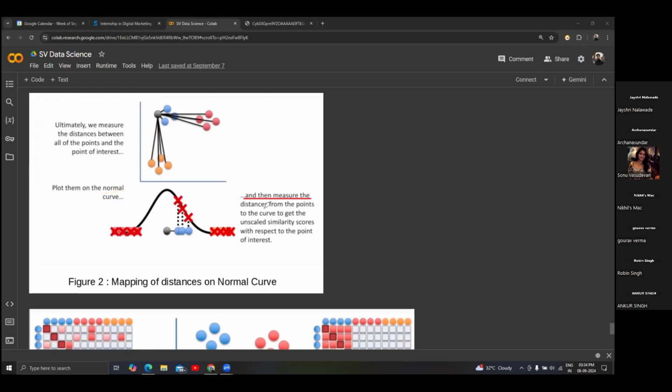Then we measure the distance from the point to the curve to get the unscaled similarity score with respect to the point of interest. This is how you get the normal curve of distance. This is called mapping of distance on a normal curve. So this is a normal distribution, and it is a distribution of distances.